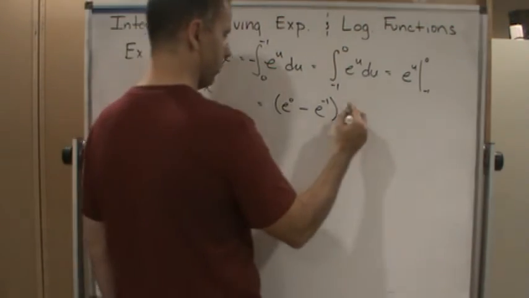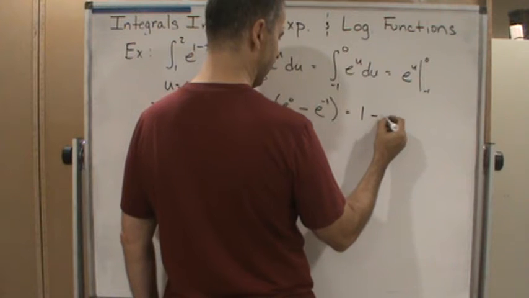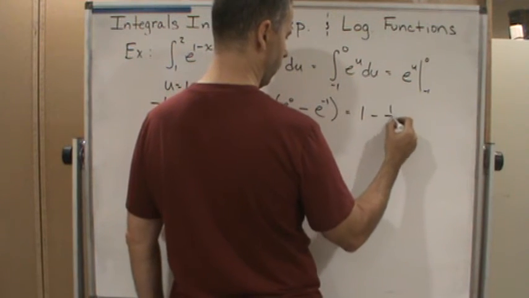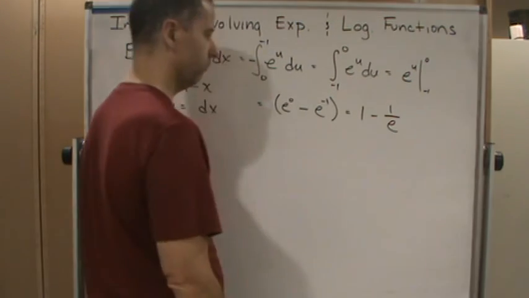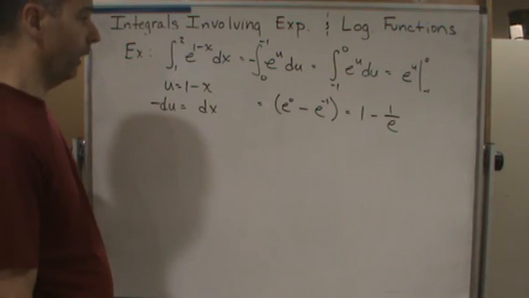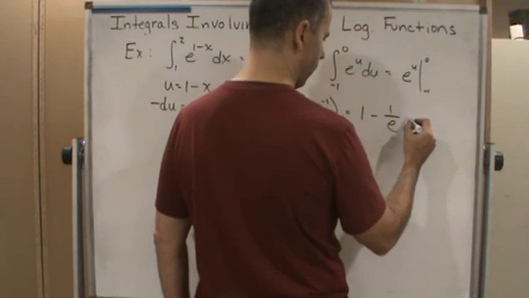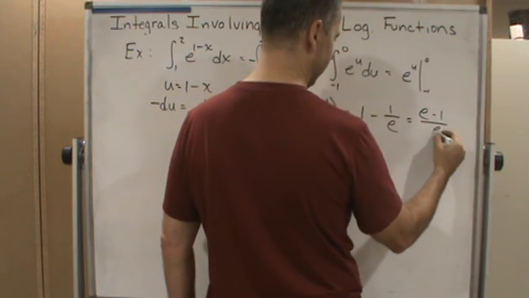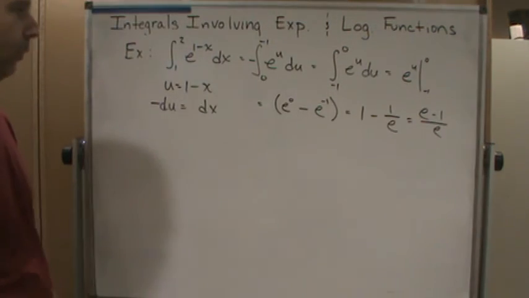And so e to the 0 is just 1, and we get 1 minus 1 over e, right? And so if we wanted to, we could write this as e minus 1 over e.